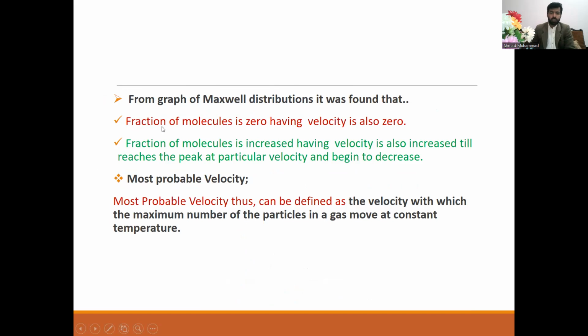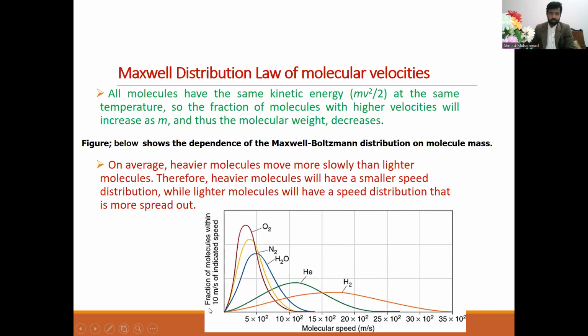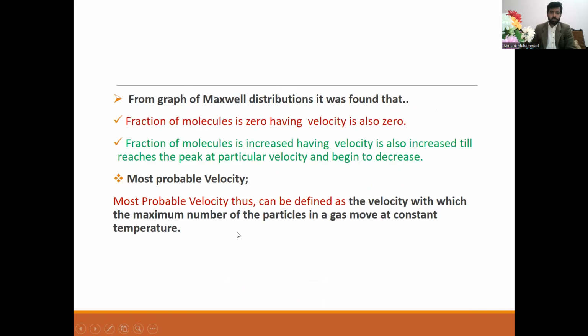You can see in the graph that at zero velocity there is no fraction of molecules, and when velocity is increased, then the fraction of molecules also increases. The second point is that the fraction of molecules increases as velocity increases, till it reaches a peak at a particular velocity, and then begins to decrease.